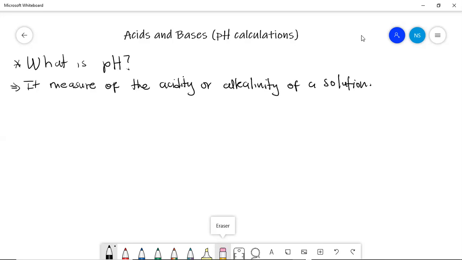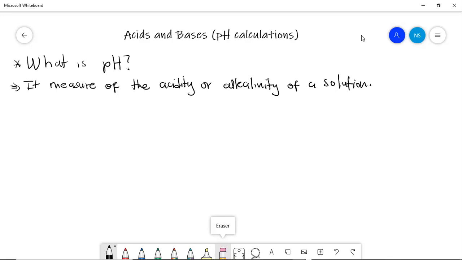pH is used to measure the concentration of ions, and you'll see as we proceed with the lesson that those ions are hydrogen ions. Why hydrogen ions? This comes from the word pH itself. pH stands for power of hydrogen.